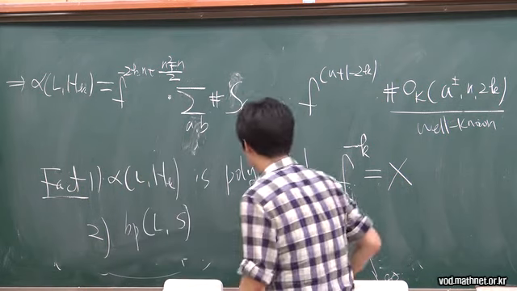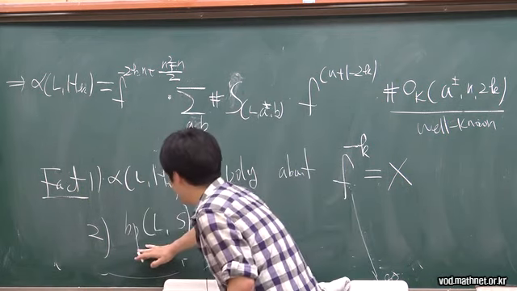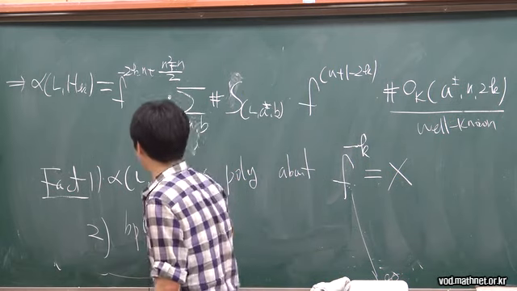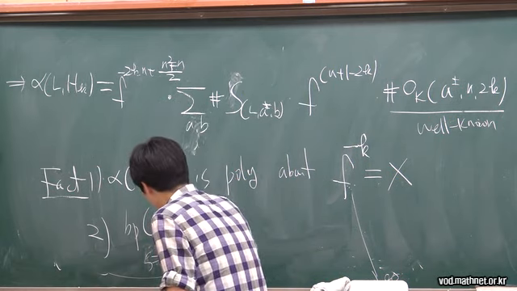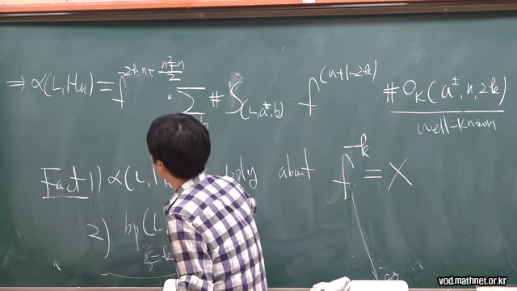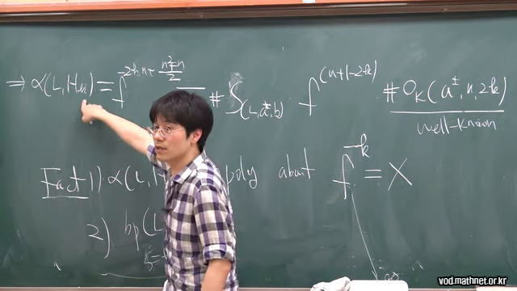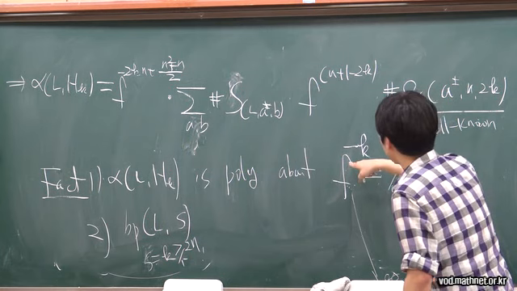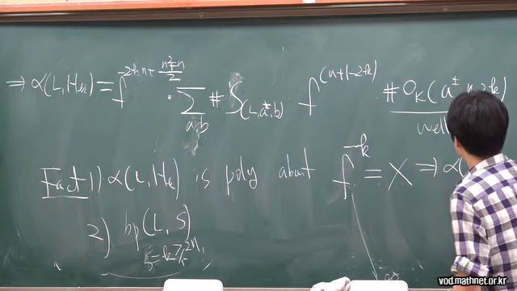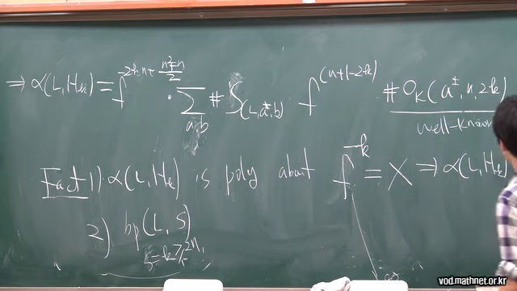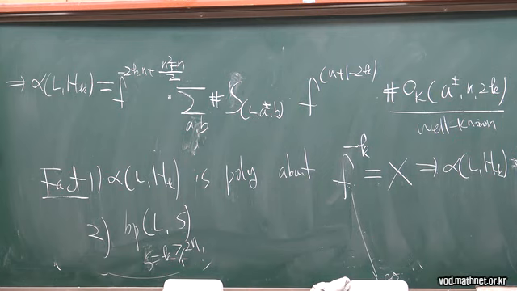So this was the Siegel series, and I said that when S is k, which is bigger than 2n, then this is defined as this, okay? So it means that if I denote this by X, then alpha of L, H_K is a certain polynomial in X, right?